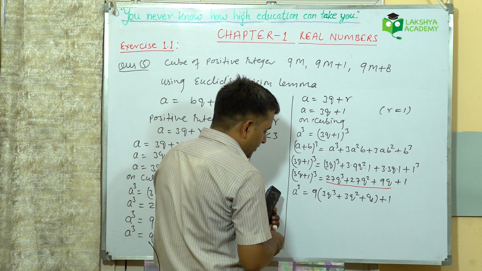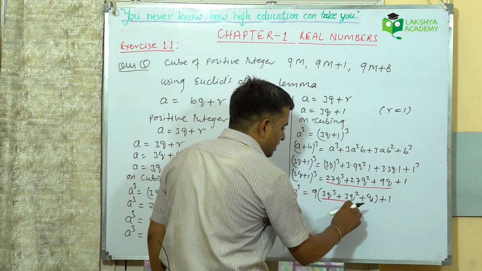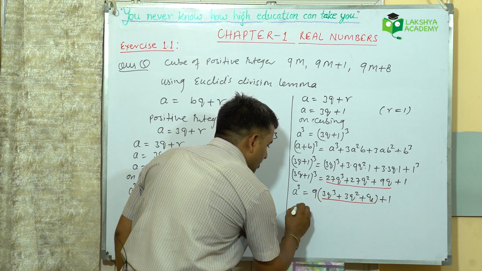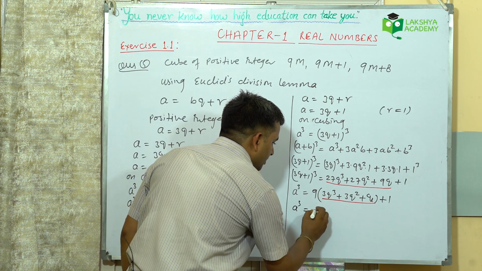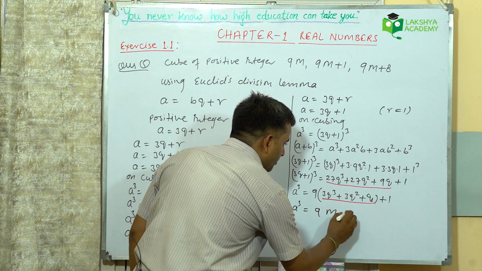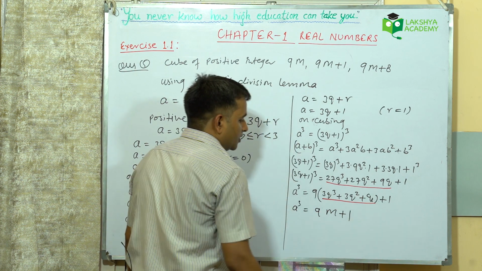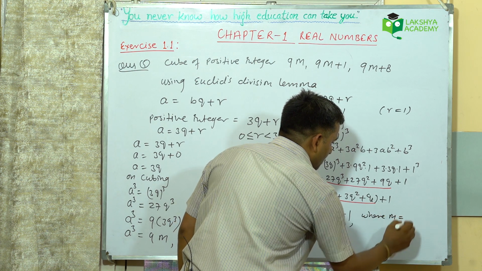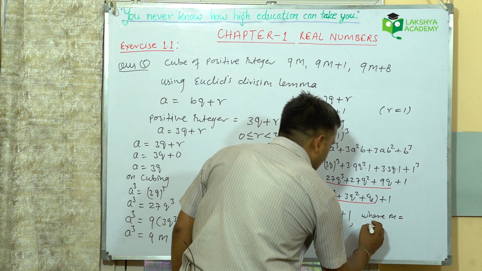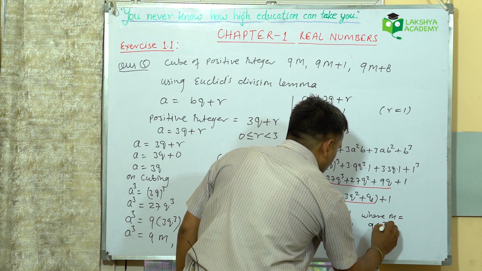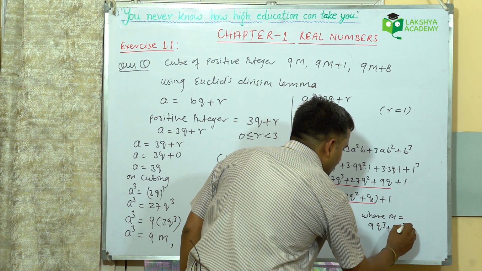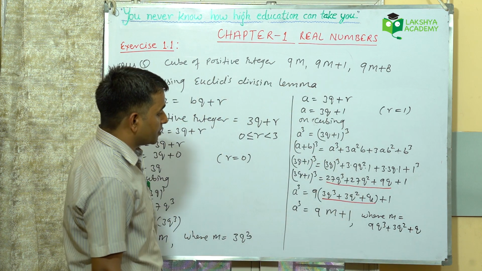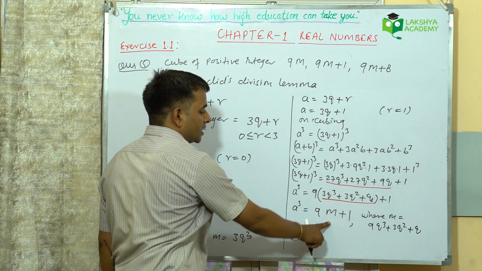So this expression we can write as m. So a cube equals 9m plus 1, where m equals 3q cube plus 3q square plus q. So this is the expression in the form of 9m plus 1.